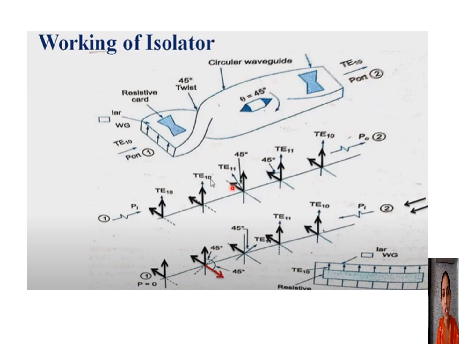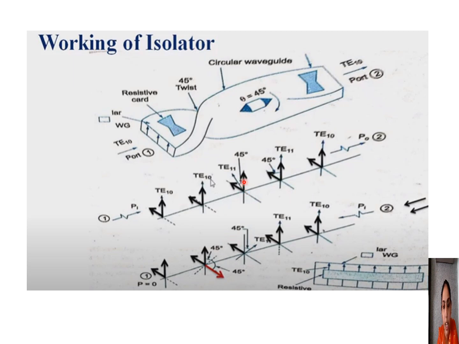It is getting a gradual transition from the TE10 mode to the TE11 mode because of the gradual transition from the rectangular to the circular waveguide, and the wave now propagates in a circular fashion. That is why there is a transition from TE10 mode to TE11 mode. So because of this twist, it gets a 45-degree rotation in the anti-clockwise direction.